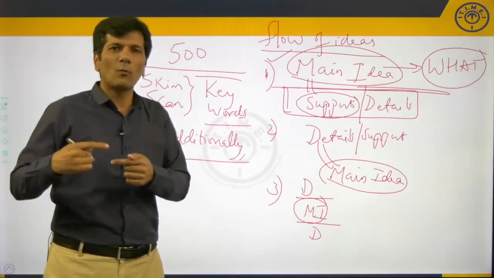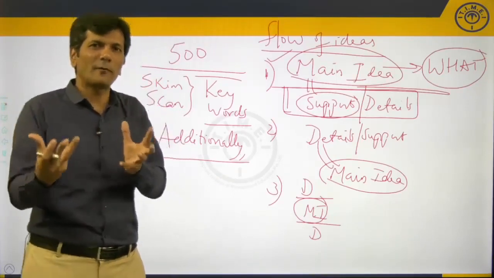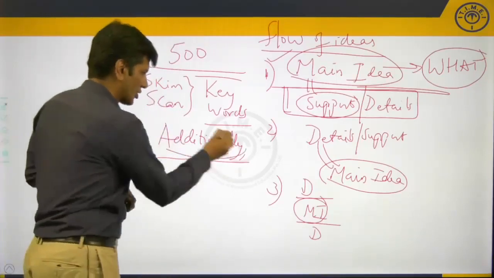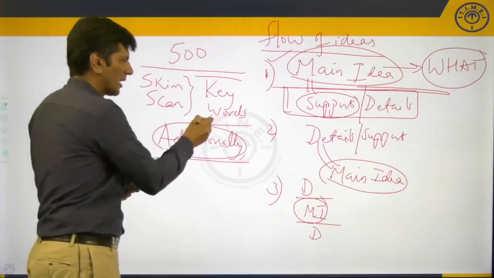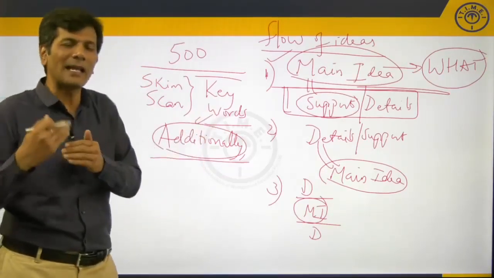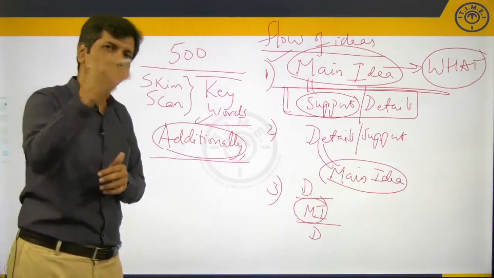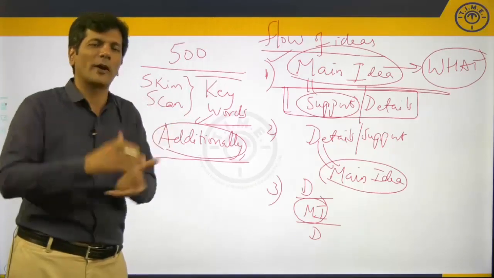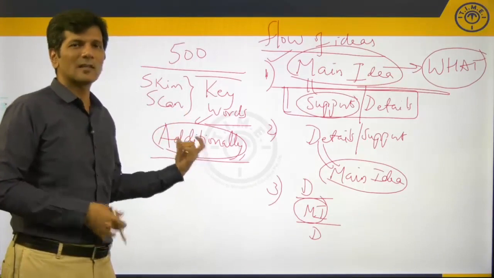Don't worry about this 20-25 word sentence. Your key takeaway from that part is the word additionally. The author would use a keyword like additionally only when he is adding on another detail to an already explicitly stated point, which means that most likely this is a supporting detail.